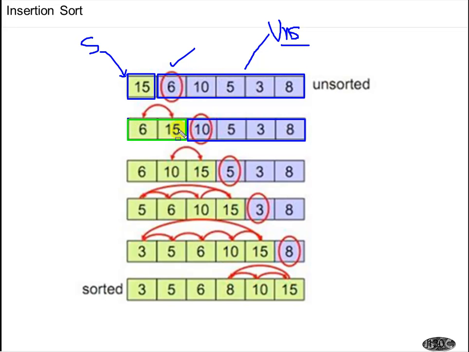First go and start comparing with the rightmost. Is this element larger than this? No. Then go to the next one. Is this element larger than this? Yes, it is larger than this. Then all the other elements, this one is going to swap with this one and this comes here, this comes here.